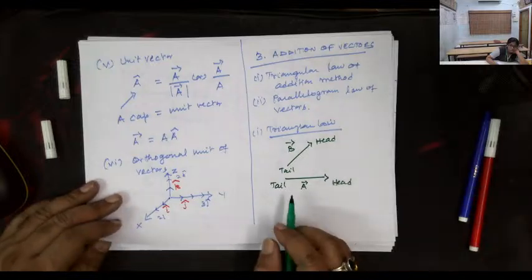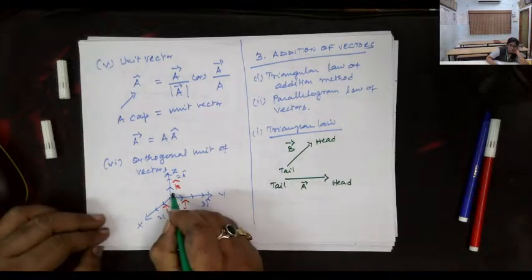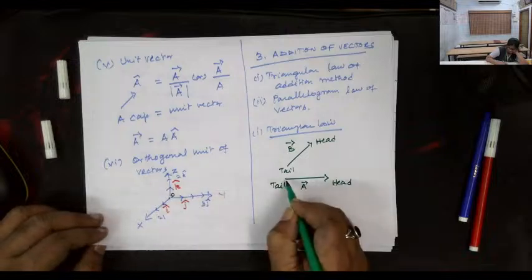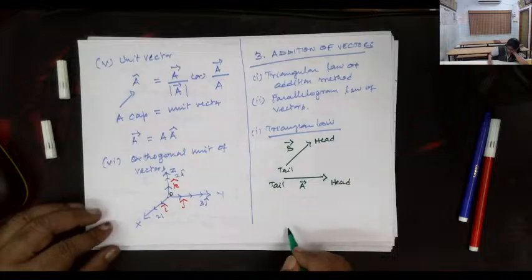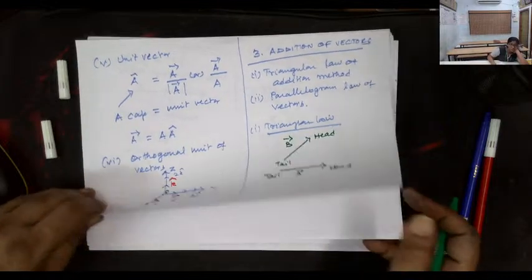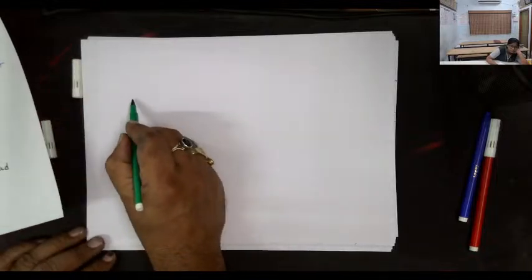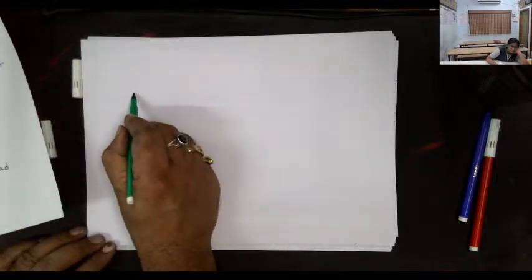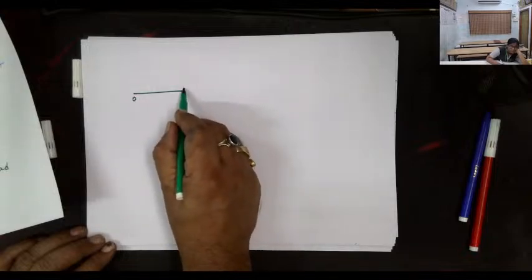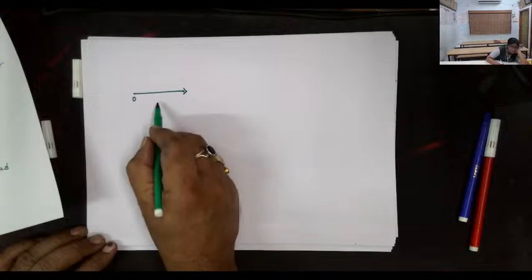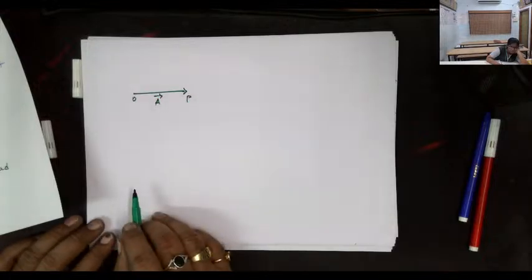Now, this A that has started from, of course, the origin O, can be drawn as follows. Let us have O, this is A vector, let me call it OP is A vector.